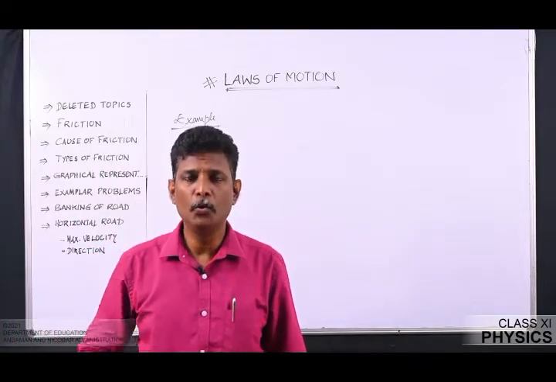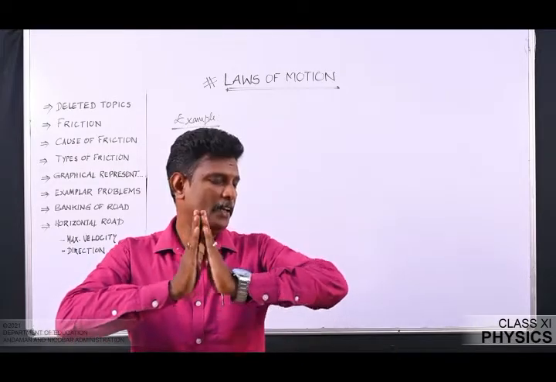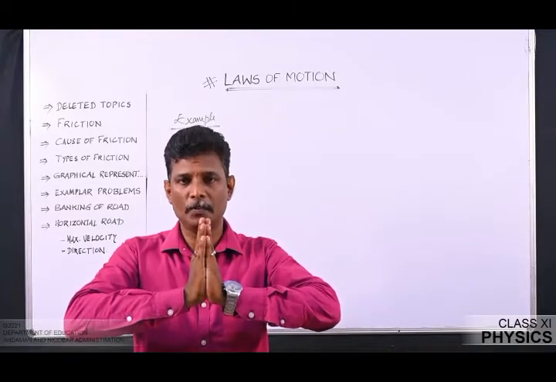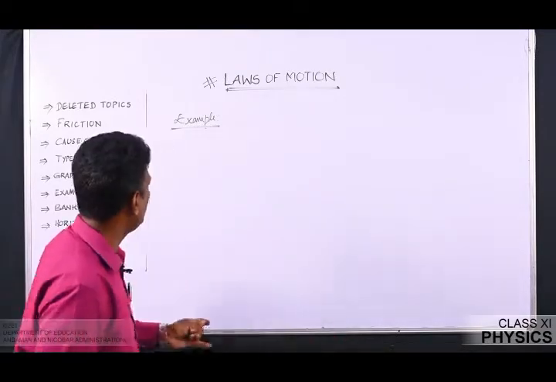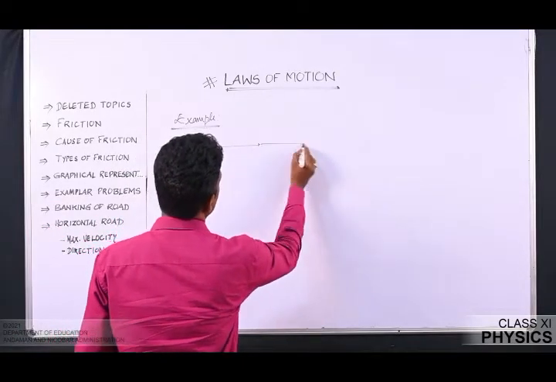Let us take two boys who are applying force, this is one force and this is another force. Both are applying the force. Let us take it in a diagram.